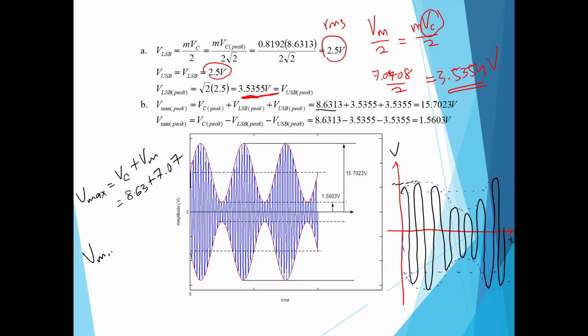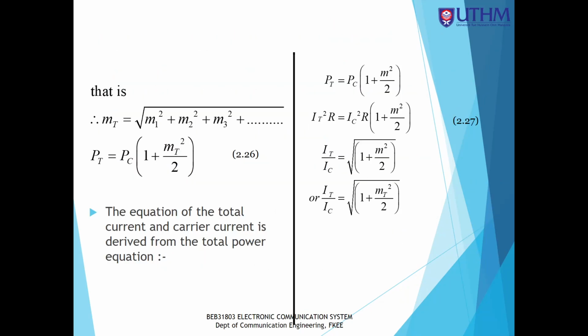Vmin is equal to VC minus Vm. So we get the value equal to 1.5603. So the peak Vmax is equal to 15.7023.